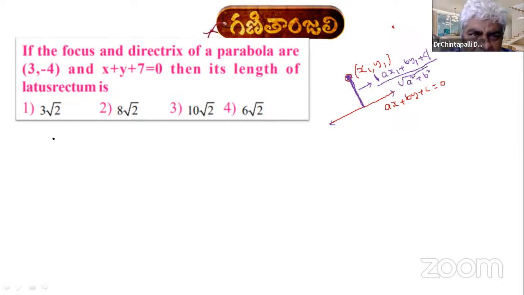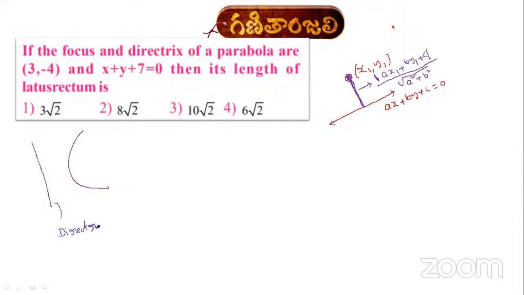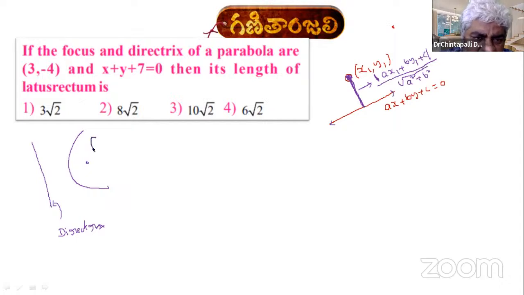See, students, it is a parabola. This line is called directrix. And this is called focus. See, students, this is a, small a, as we discussed previously.